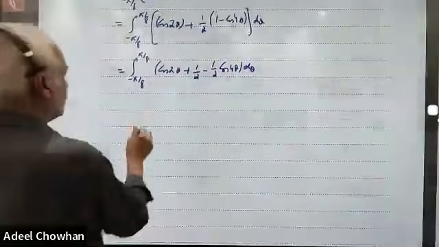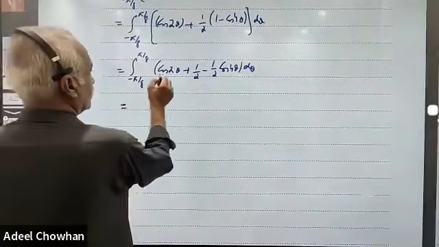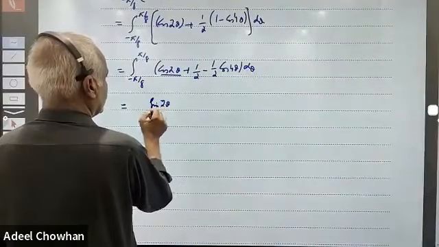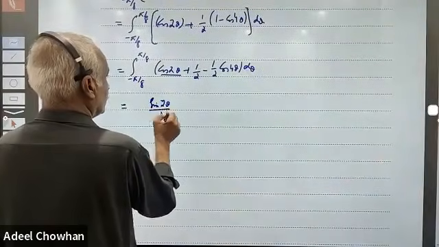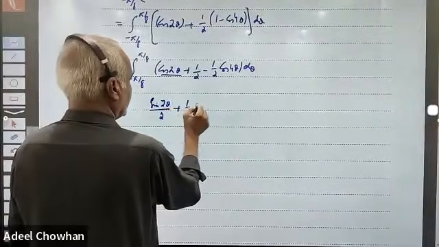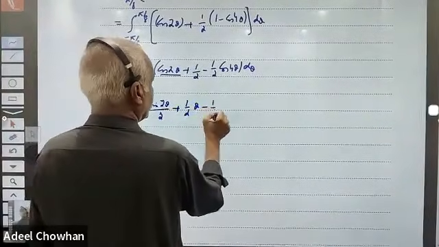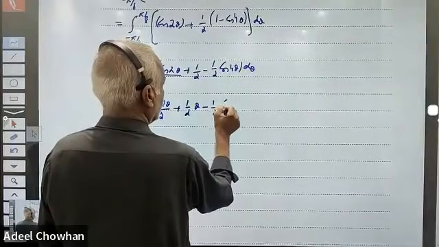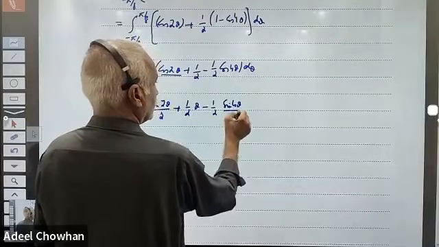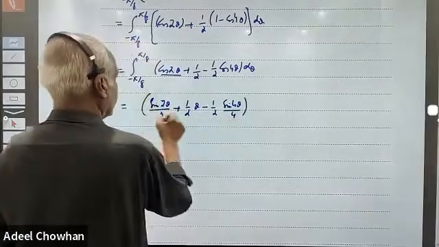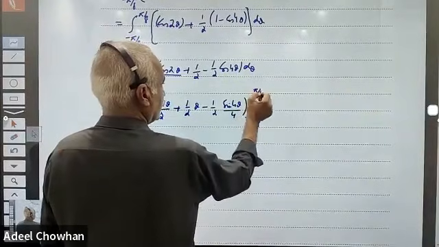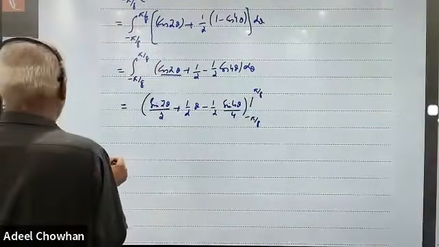So it should be equal to now cos 2 theta's integral is sine 2 theta over 2. Integration of this one is plus half into theta minus half into sine of 4 theta over 4, and the limit is there minus pi by 8 to plus pi by 8.